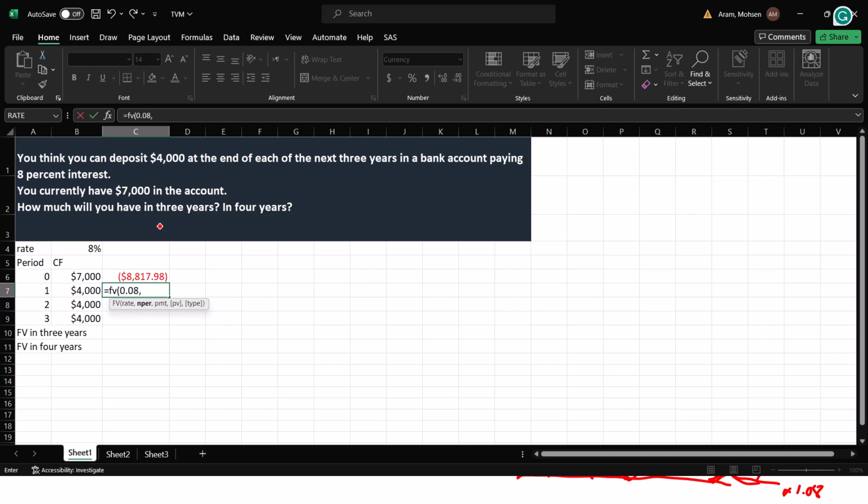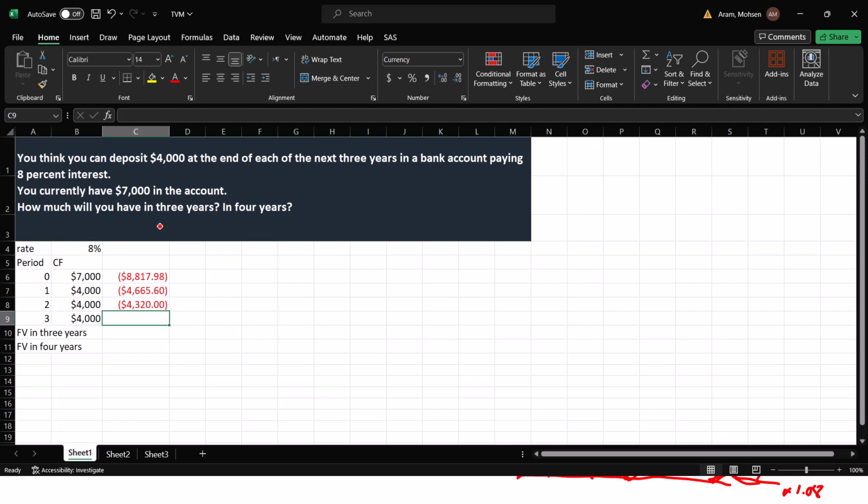Number of periods for the second cash flow, it's going to compound for 2 years. No payment. And then the present value would be 4,000. Then we have 8% for rate. Number of periods for this one, it only compounds for 1 year. No payment. And the present value is going to be 4,000. For the last one, basically, it's going to be 4,000.